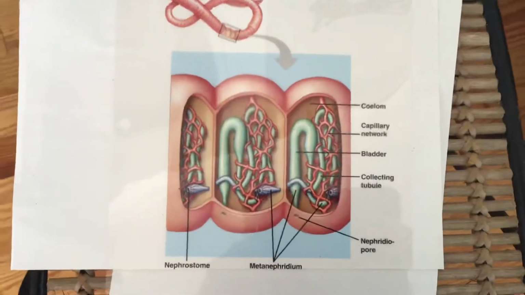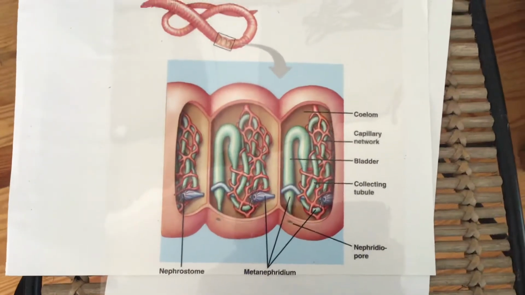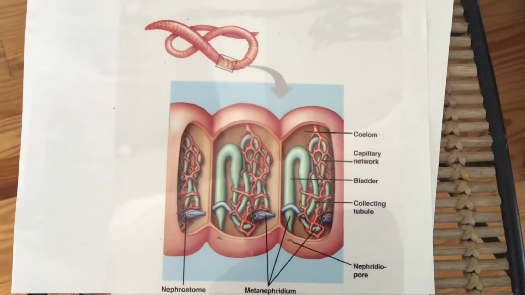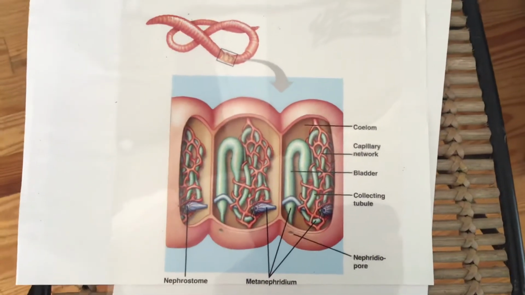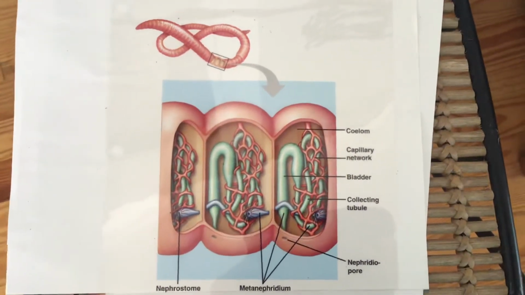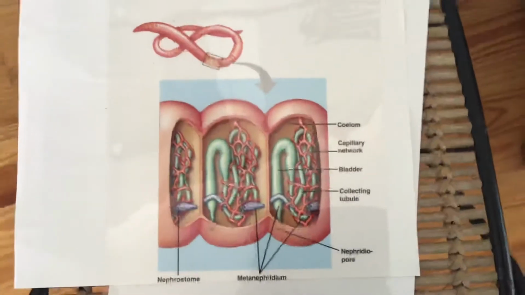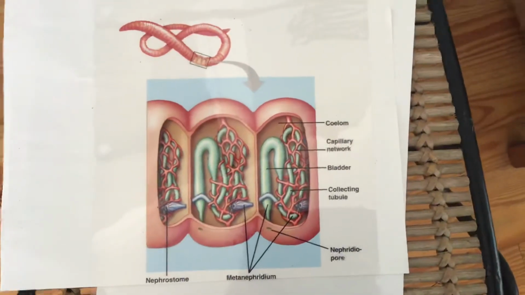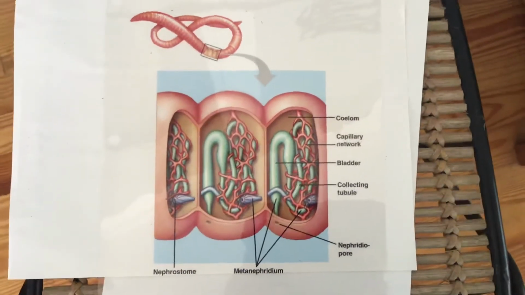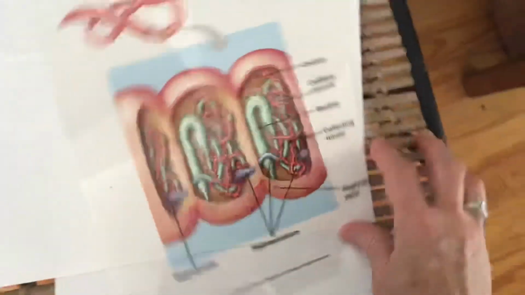So it's going to be picking up nitrogenous waste from the vessels, and again passing it outside of the body. So it's kind of like a flame cell. It's just not washed by fluid in this case. It's actually doing transport from the vessels into the actual metanephridia. So it's kind of like a kidney, really.